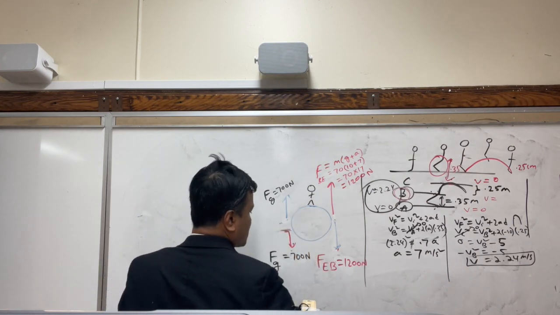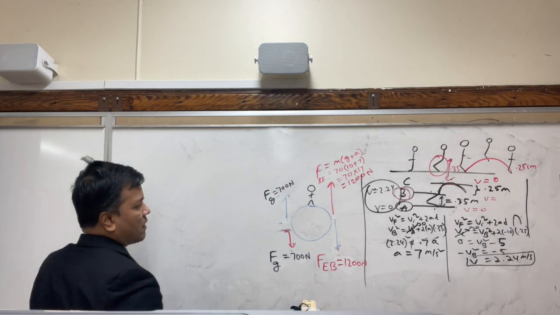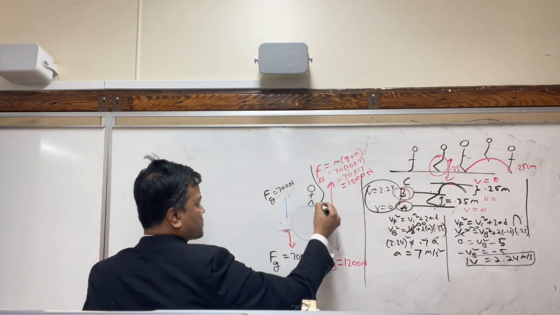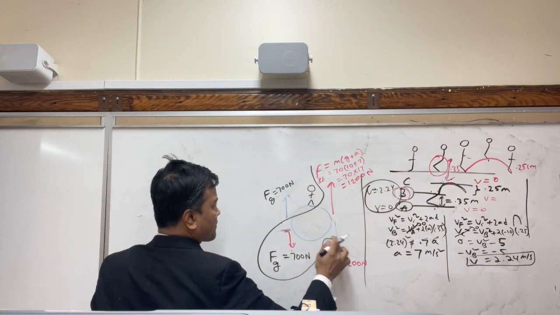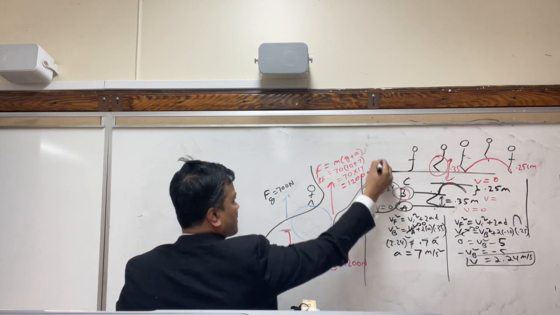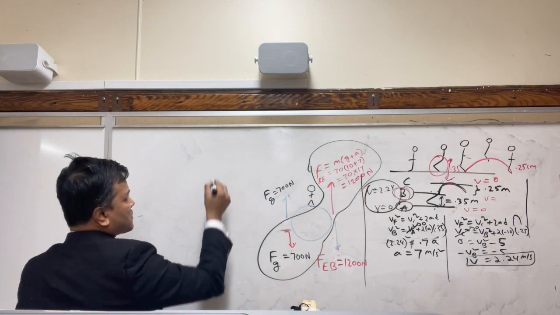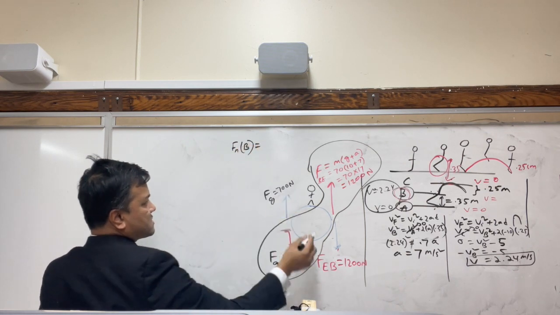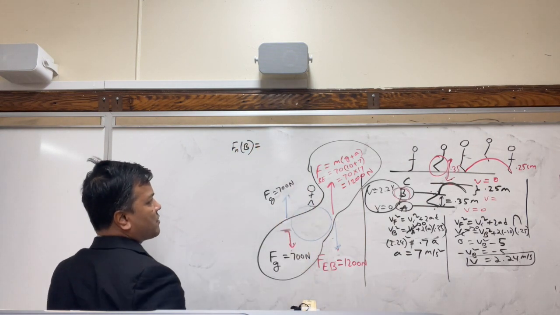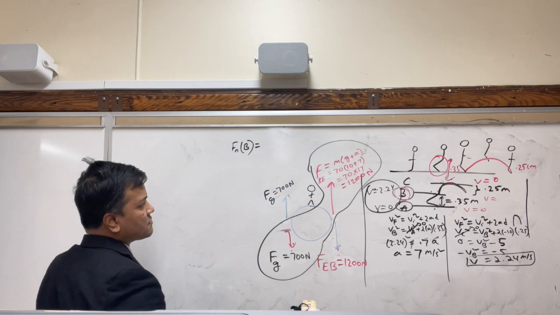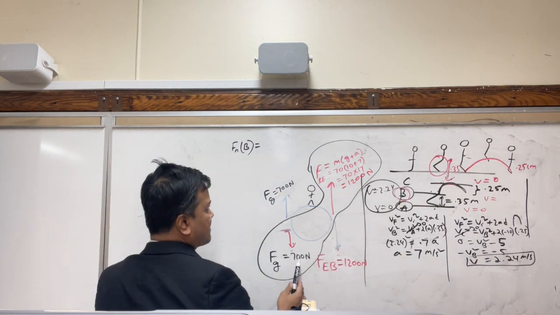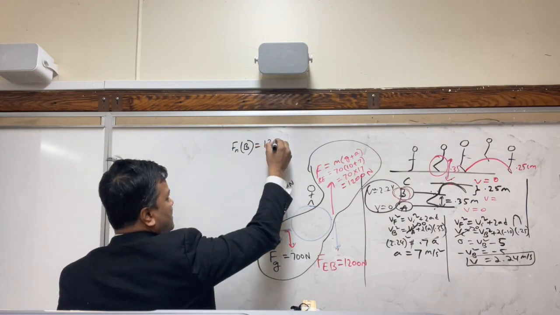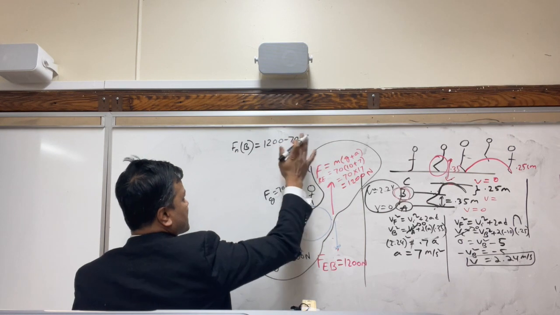Okay, so now let's first find the net force on Mr. Barry. Net force of Mr. Barry would be the sum of these two vectors. So how much? This is 1200 and this is 700. So 1200 minus 700 is 500.